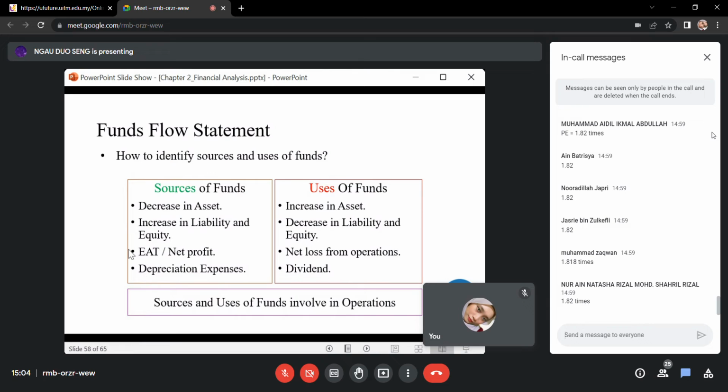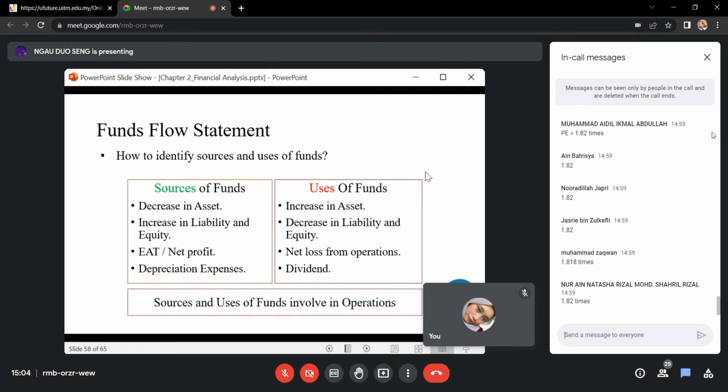Or from the earning after tax or net profit, this one is the company earning. And depreciation expenses, depreciation is deducted in the income statement, but actually we don't pay it out. Just paper figures. So this one can be a source of fund.